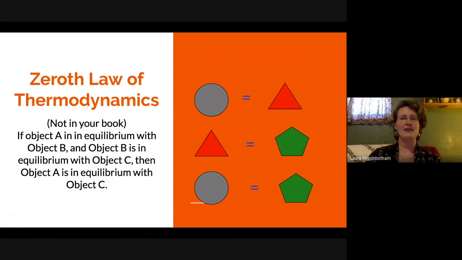So if A and B are at the same temperature, and then if B is in equilibrium with object C, in other words, B and C are at the same temperature, then A and C, the circle and the pentagon, have to be at the same temperature. Now, I know that seems really basic, doesn't it?